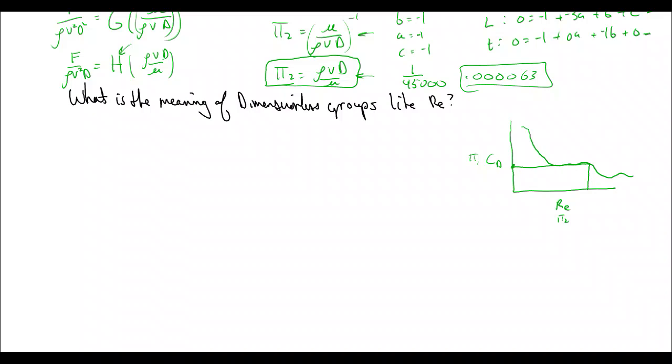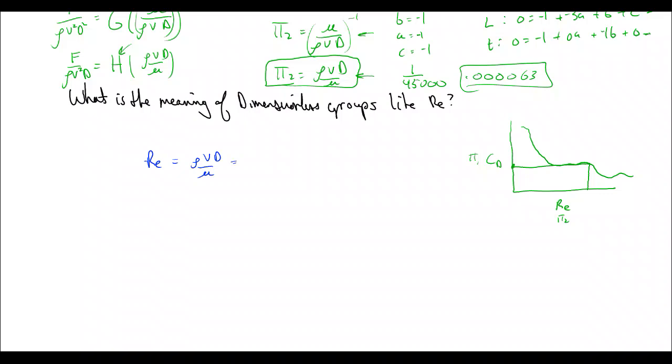But the other useful thing from pi groups is that they give us a feeling for physically what's important for a problem. So we know for a ball in a free stream velocity, a ball we've thrown, let's say, that the Reynolds number is very important. The Reynolds number is equal to rho v d over mu, right?